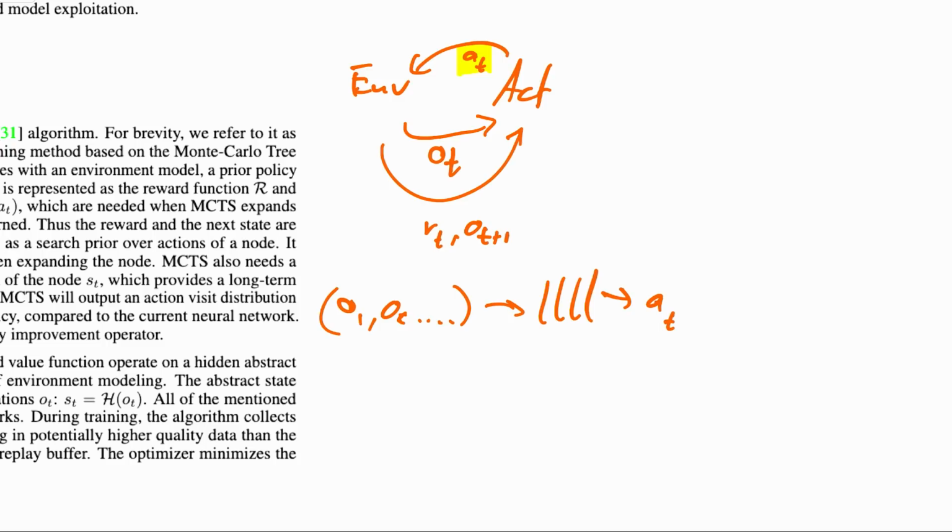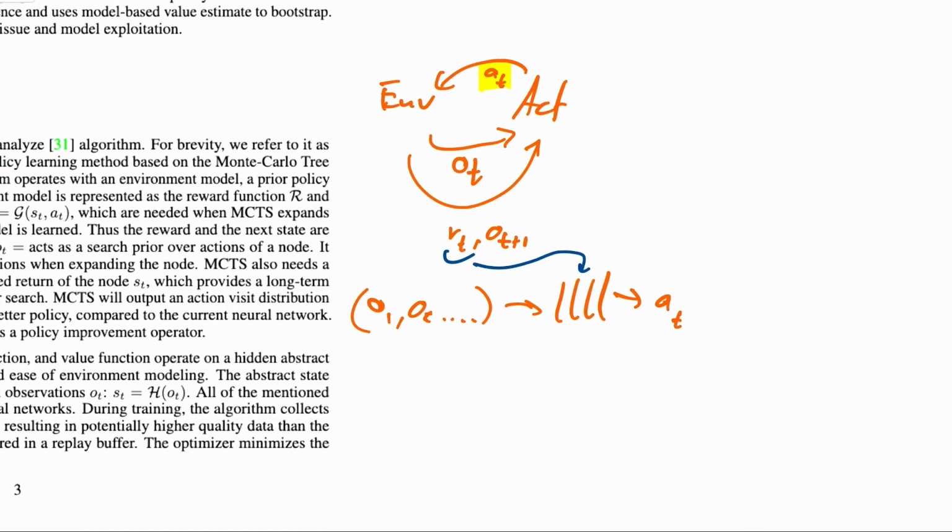And they train the neural network in order to maximize this reward right here, usually using some sort of policy gradient or something like this. So this is a rather direct way. We call that model-free reinforcement learning, because you directly predict the action without an explicit model of the world.